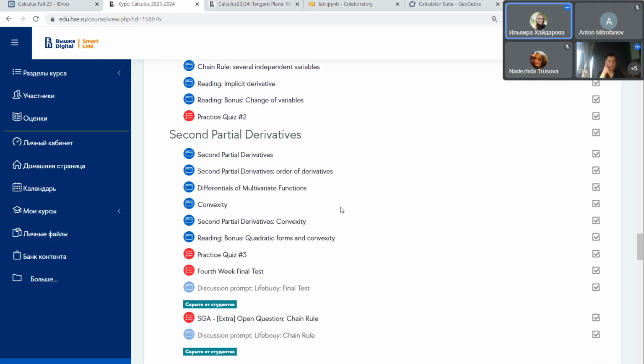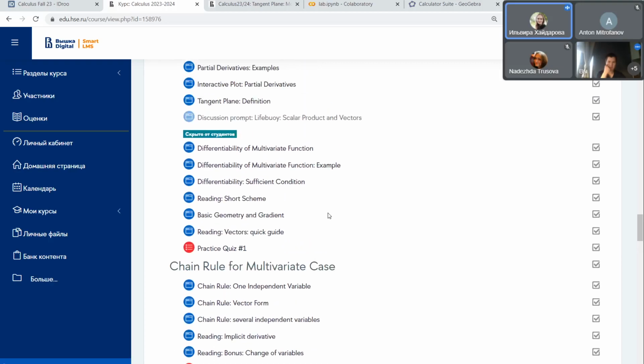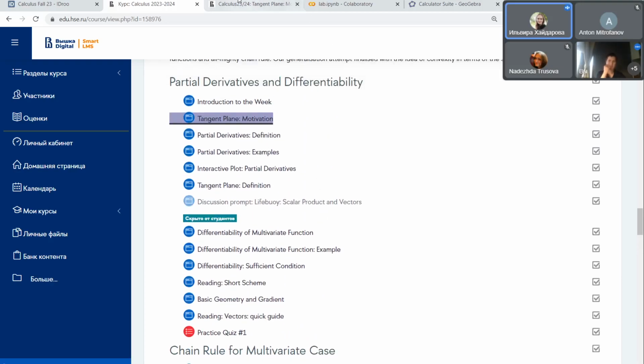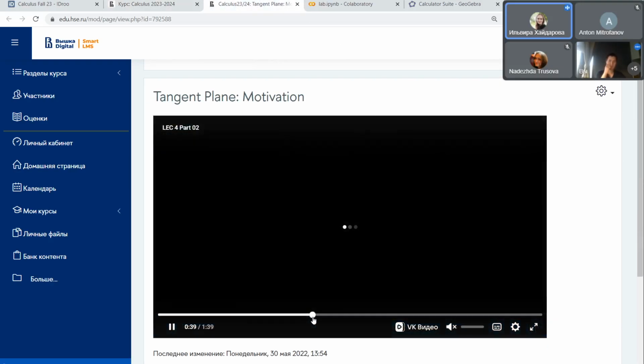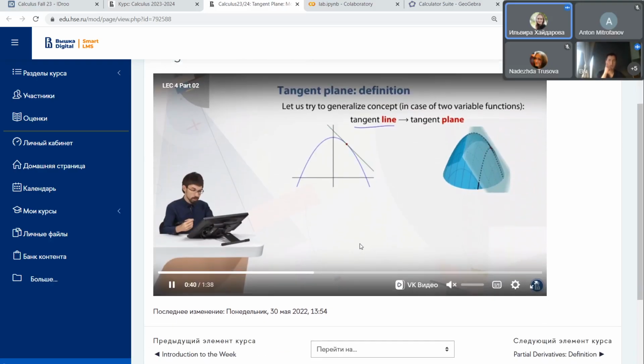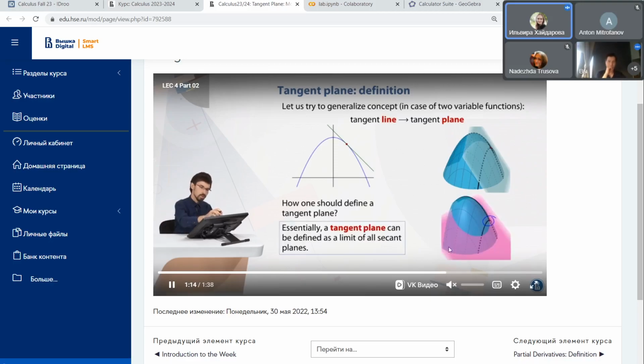Can you show us one example of how to calculate the tangent plane? Because in the lecture, the guy used an example that, in my opinion, was not very useful. He used something like the square root of xy. From his example, I didn't understand how he did that.